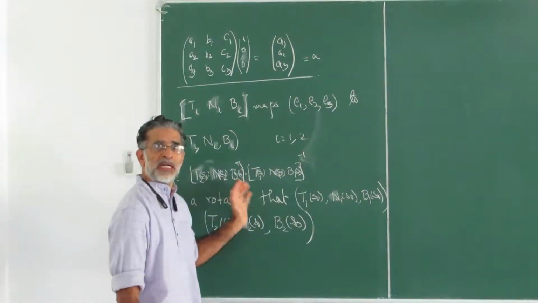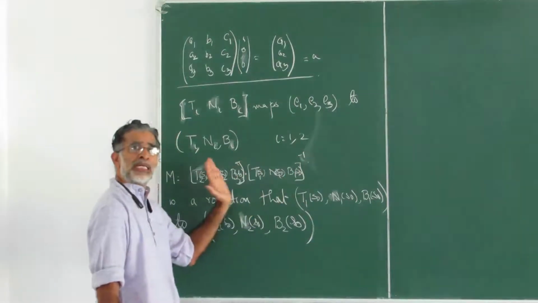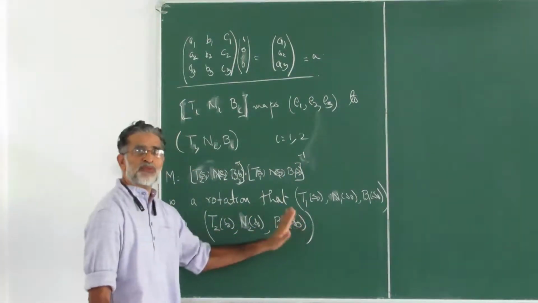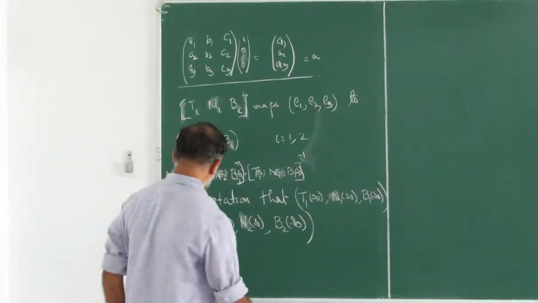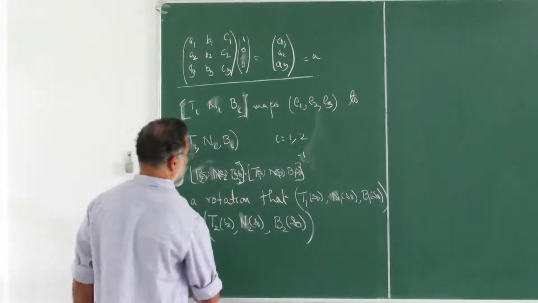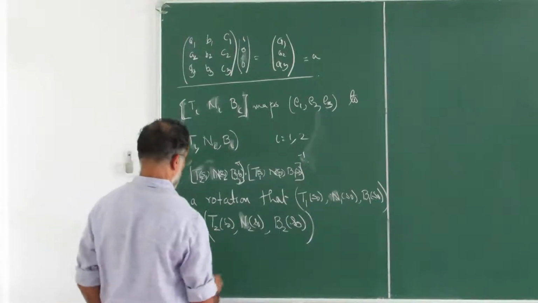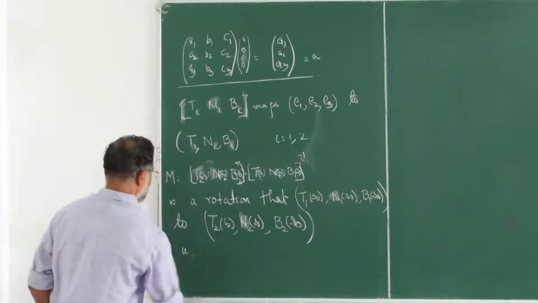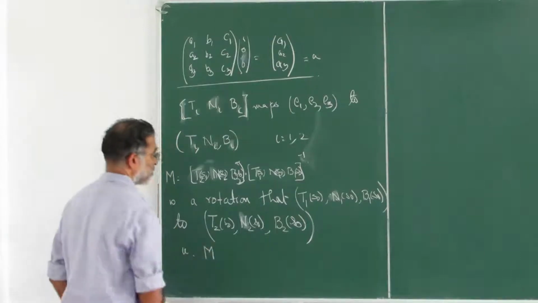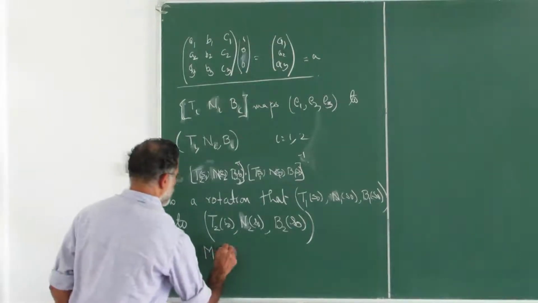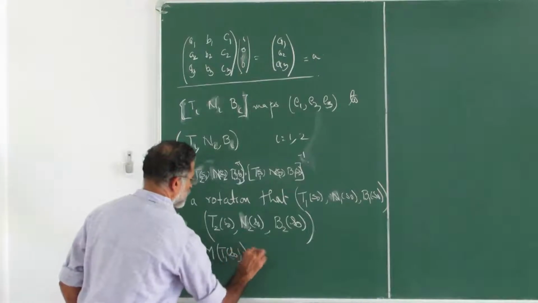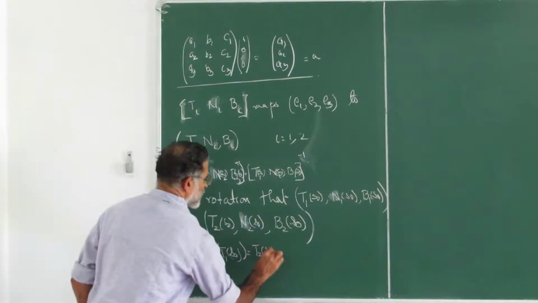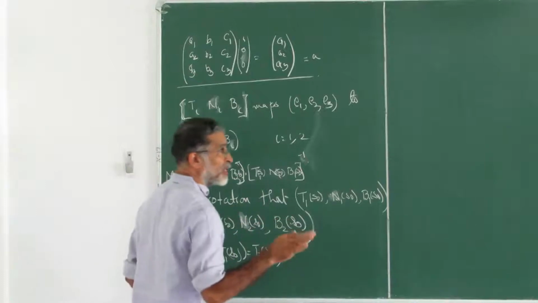So the composition will take T1, N1, B1 to T2, N2, B2, all at this fixed point S0, nothing else. So that rotation is taken. This is important. Let me rewrite this: M applied to the vector T1 at S0 is equal to T2 at S0. Other points we don't know anything.